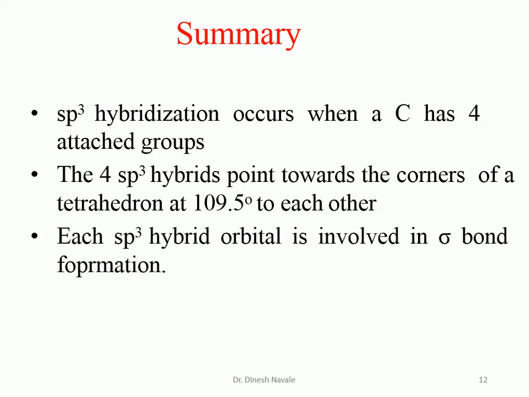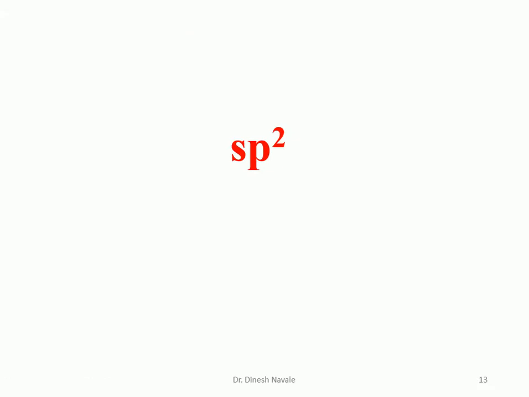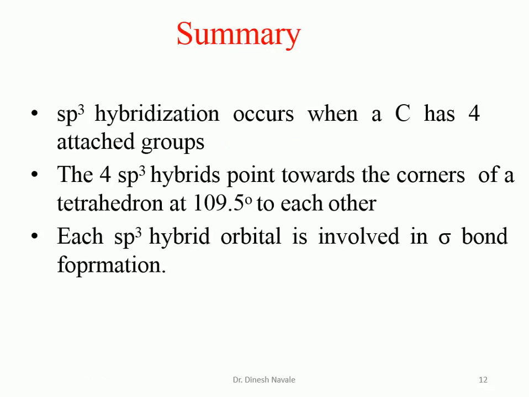The geometry will be tetrahedral, and each sp3 hybridized orbital is involved in a sigma bond formation. So all this hybridization gives the exact geometry, shape as well as the bond angle for the sp3 hybridization of the carbon atom.